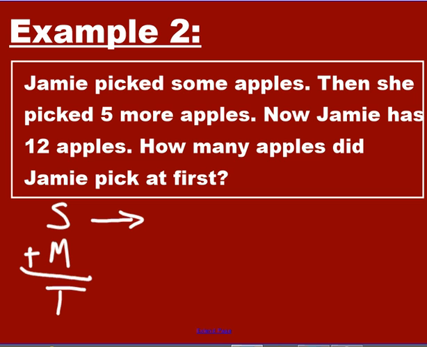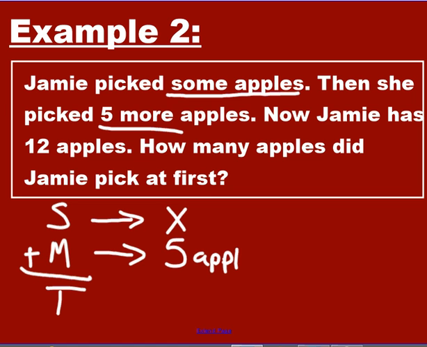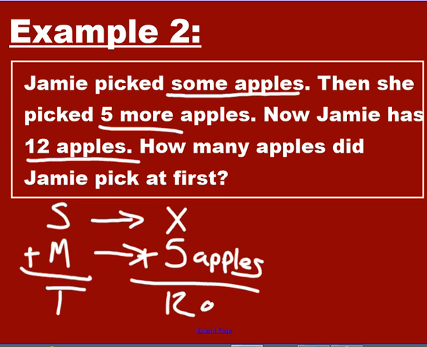What number in this problem equals some? Nothing. We don't know. It says she started with some apples. Then she picked some more. How many more? 5 more apples. And then altogether, how many apples did she pick? 12 apples.